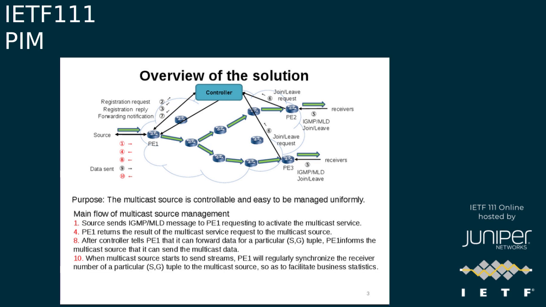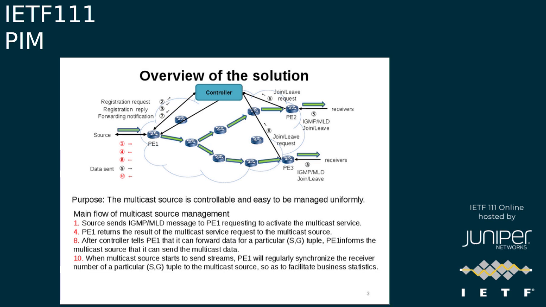In this way, multicast sources cannot be well managed, especially in large-scale multicast service scenarios. In addition, the multicast source is unaware of receivers. The multicast source may continuously send multicast data when there is no multicast receiver in the group, resulting in a waste of resources.